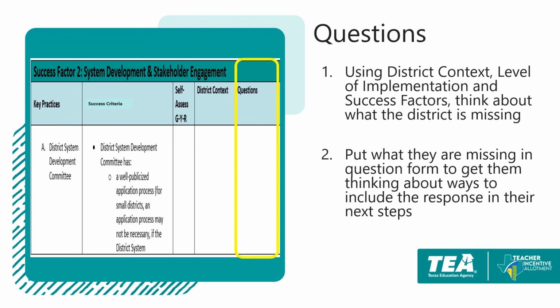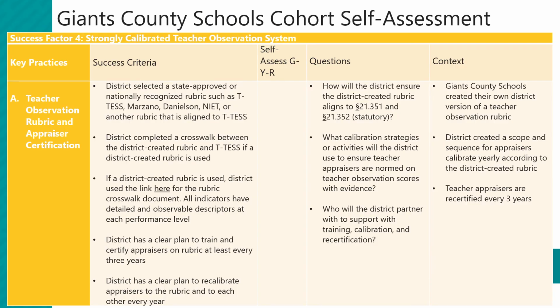On the next slide, I am going to model what this looks like. Before we begin, I want to note that there are multiple key practices within a success factor. However, for the sake of the model and work time, we will be focusing on one success factor and one key practice within a success factor.